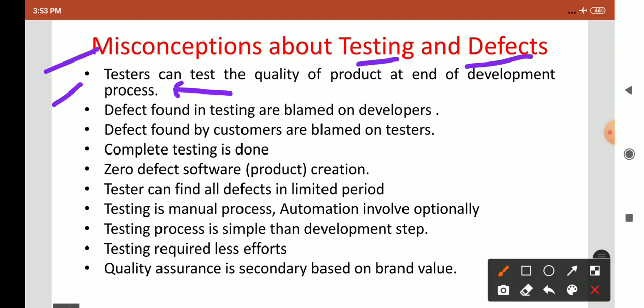In the testing process, we already saw various models. Only the waterfall model is the one model in which testing happens after the development. After the waterfall model, most of the models follow the testing process simultaneously when the development process starts.